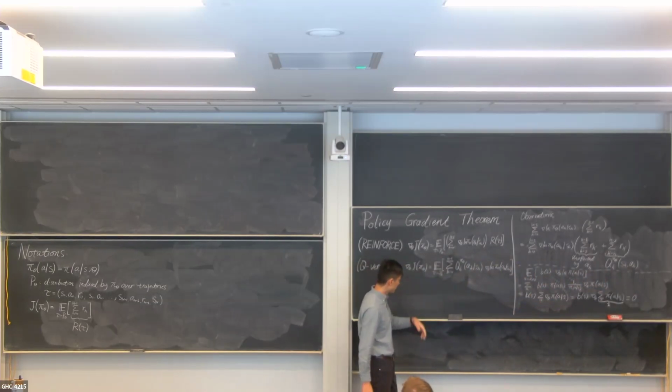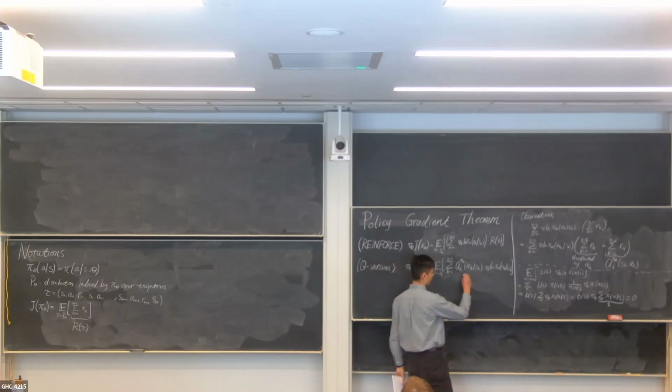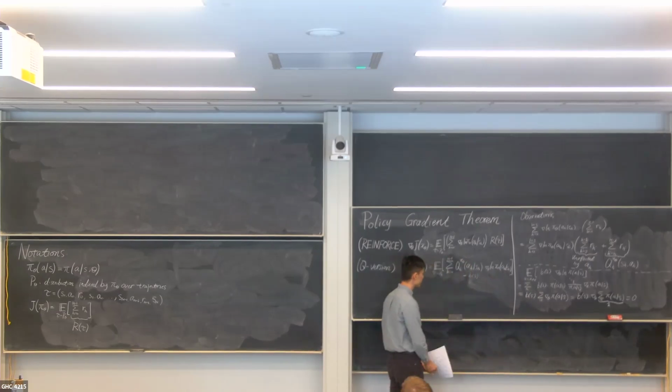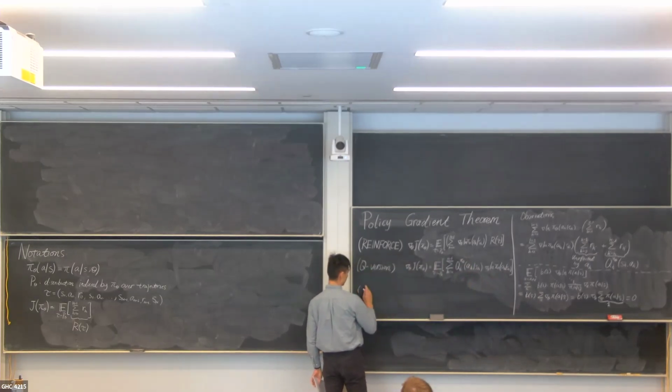So if I subtract any function here from the action value and multiply with the gradient, the expression will remain the same. So this basically gives more space, the A version, the advantage version.